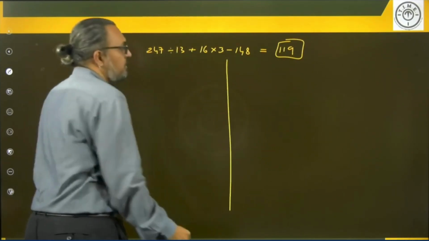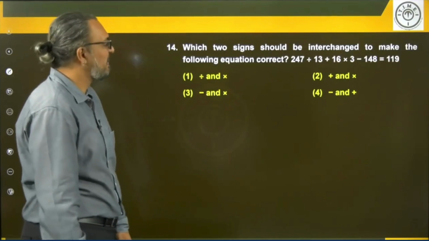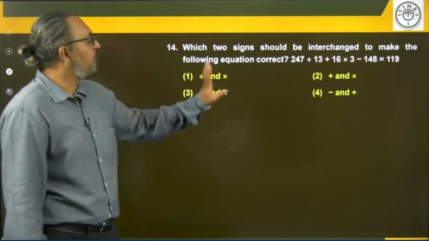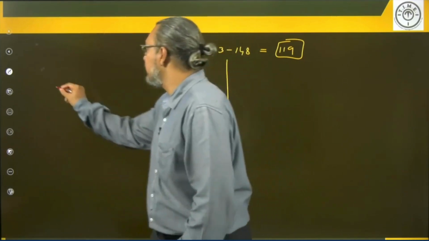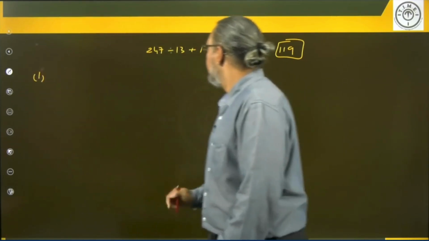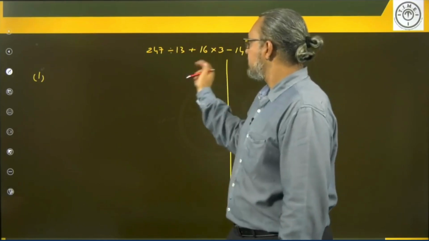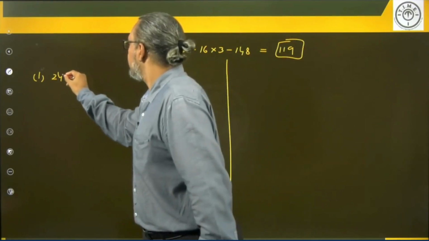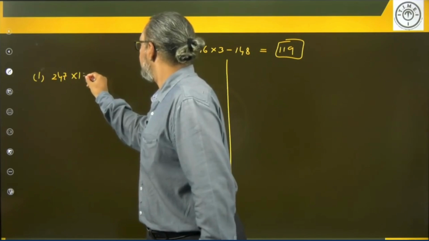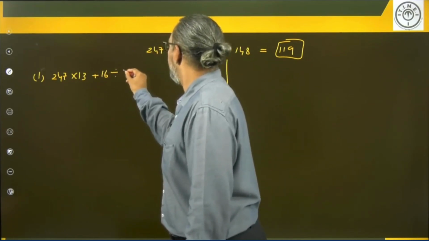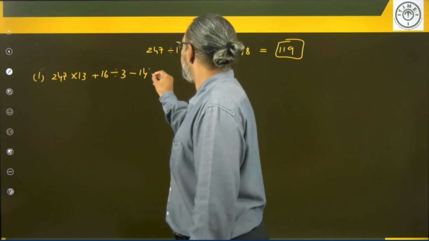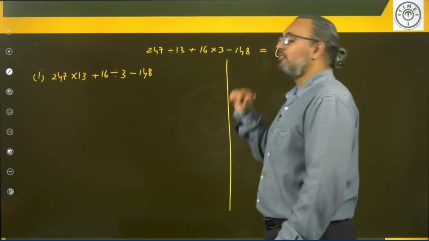Okay. So we have to go option by option here. So first is division and multiplication if I exchange. So that means you will get 247 into 13, plus 16 divided by 3 minus 148. So will I get 119?